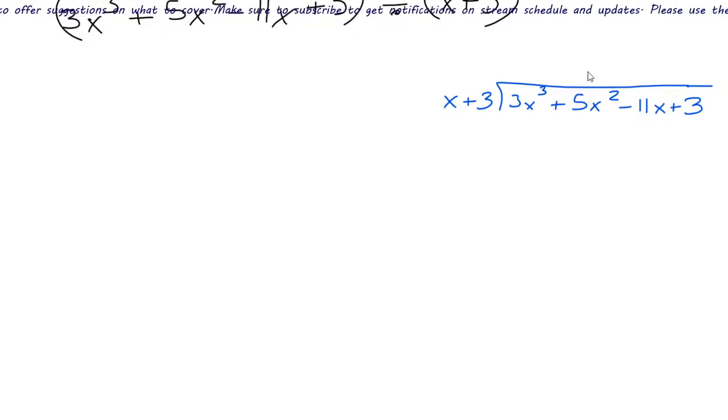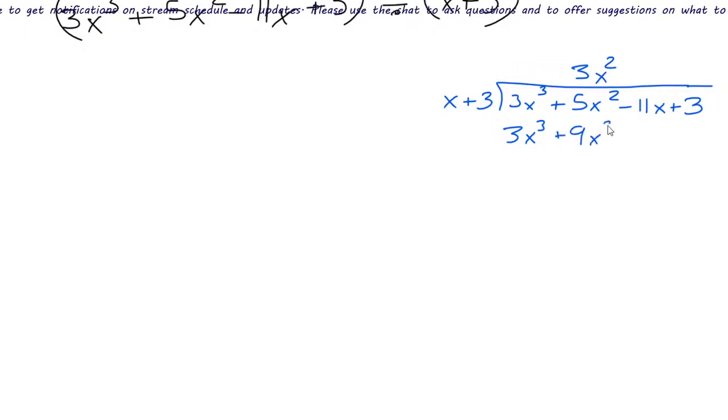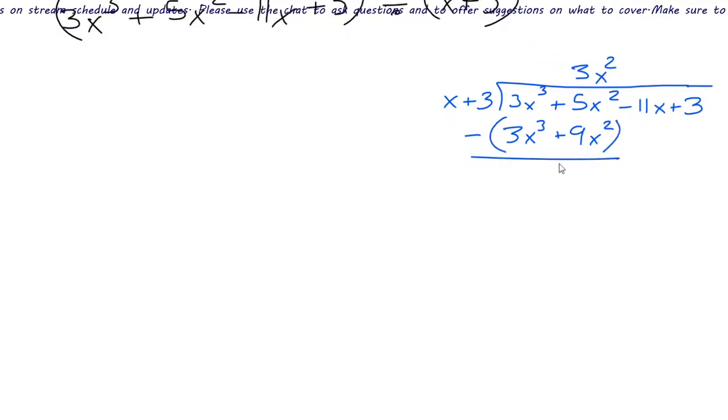Well, I'm going to multiply that by 3x squared. 3x squared times x is going to be 3x cubed. 3x squared times 3 is going to be 9x squared, and then we're going to subtract. 3x cubed minus 3x cubed is canceled, so it's 0. 5x squared minus 9x squared is going to be negative 4x squared.